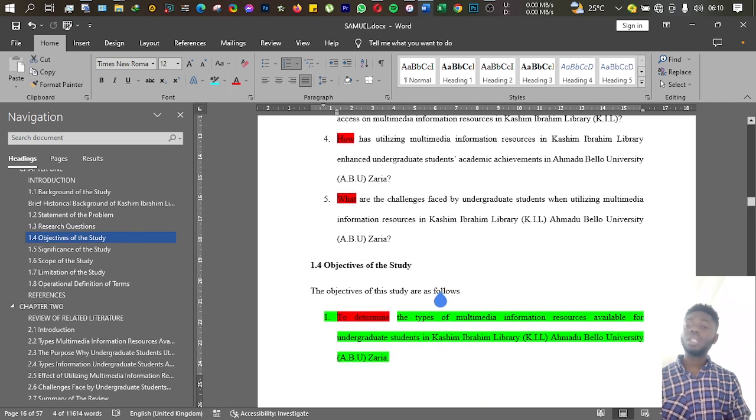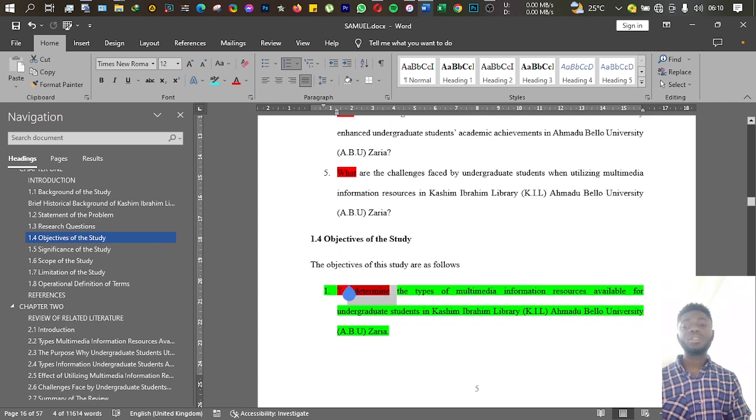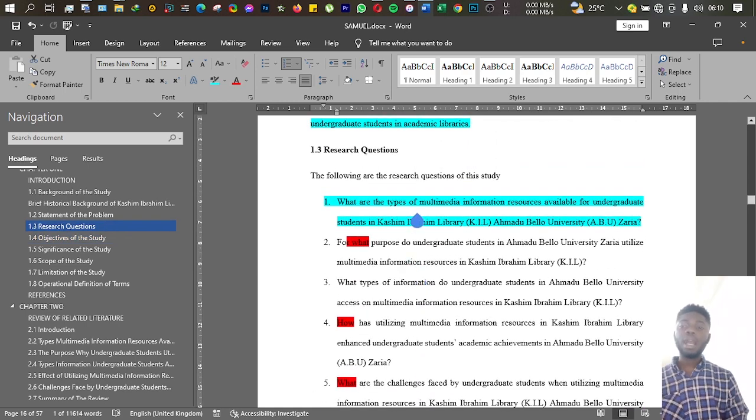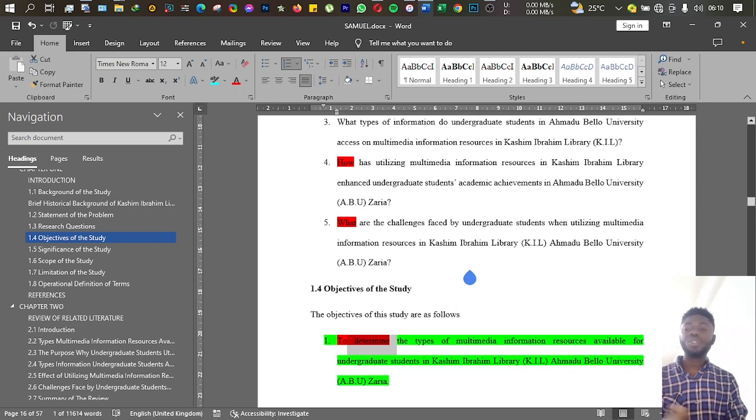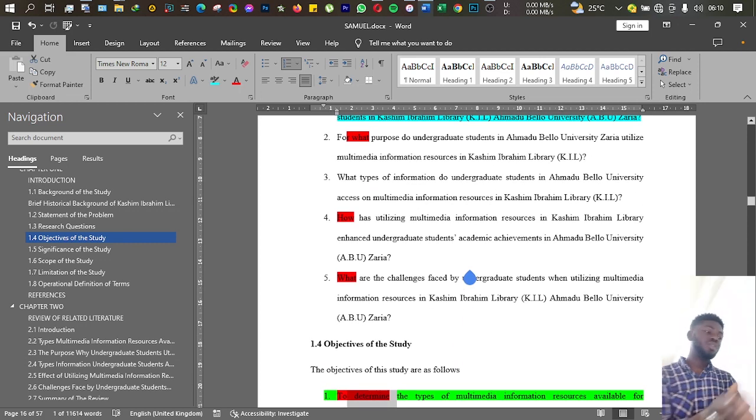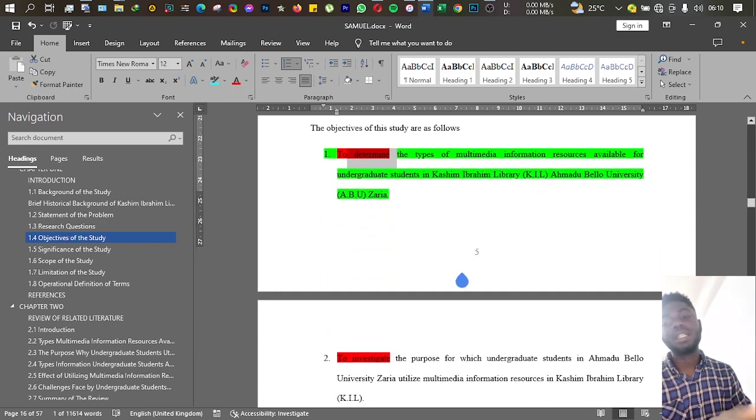As you can see, I said, to determine the types of multimedia information resources. To determine, you see that? So from "what are", it is now "to determine the types of". Okay, so your research question, usually the "what", is converted to your research objectives.